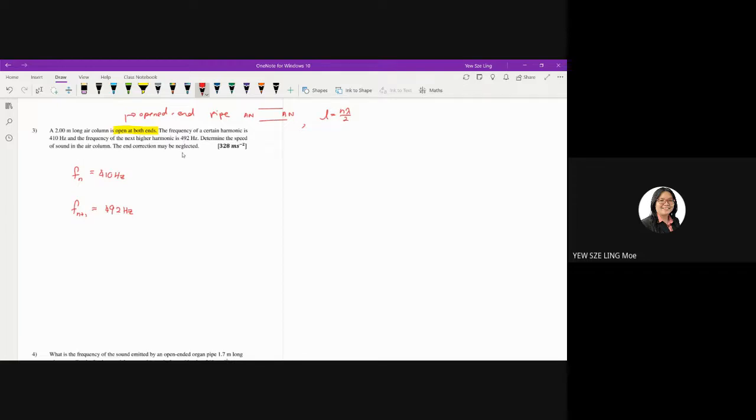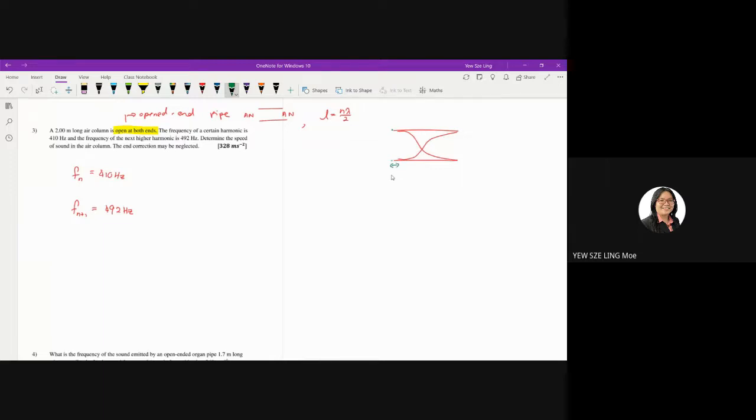The end correction may be neglected. What does end correction mean? This is actually no longer in your syllabus, but I'll explain it so you understand. Usually, for a pipe, we say there should be antinodes at both ends. Sometimes the antinodes don't end exactly at the ends of the pipe, so there is a short end where there's no wave.